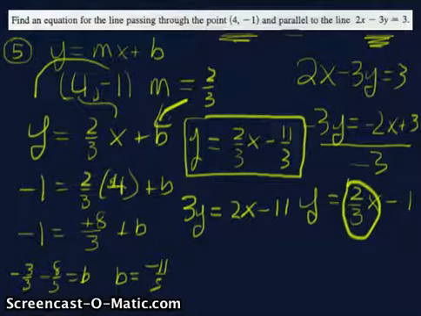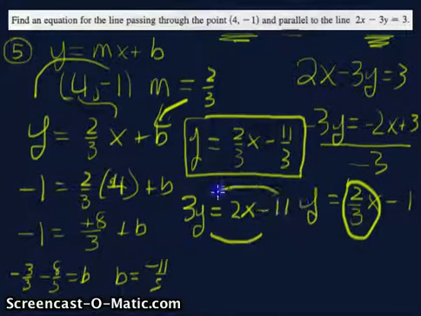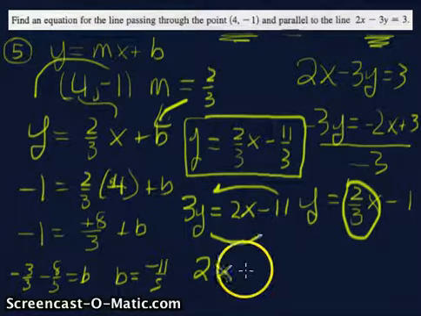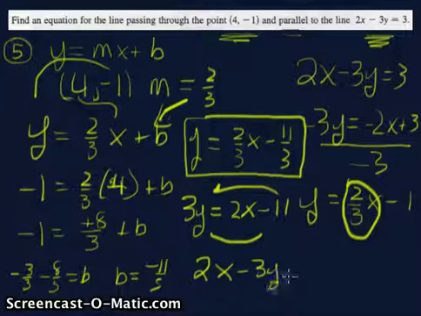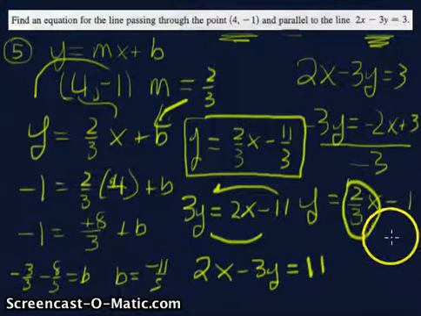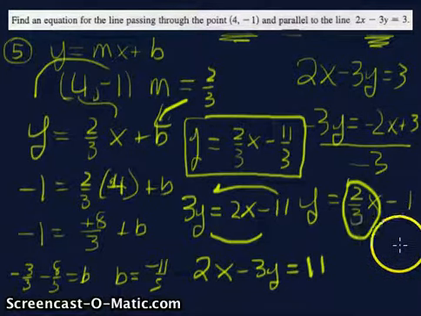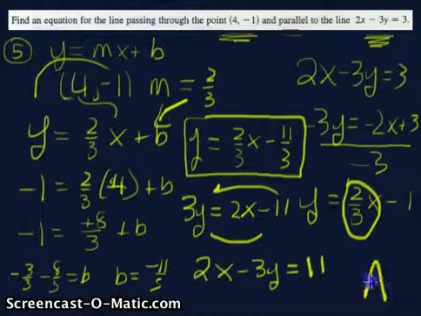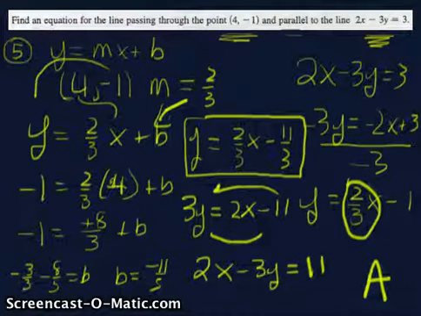Now we realize this is not in standard form yet. How about we move the 3y over here and the 11 over there? So 2x minus 3y is equal to 11. We look at our answer choices, and that is answer choice A. That's how you do problem 5.